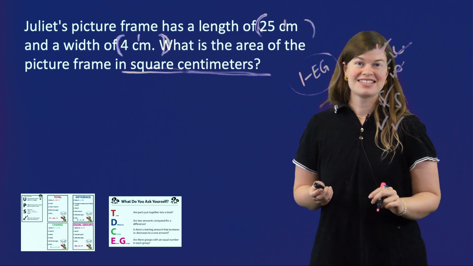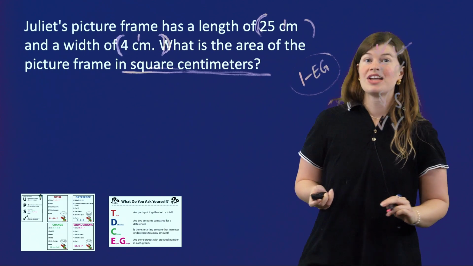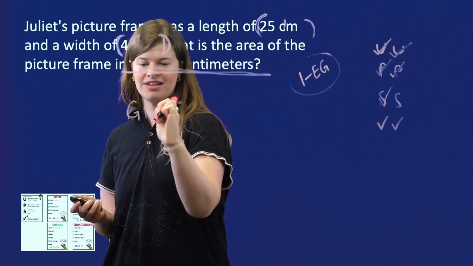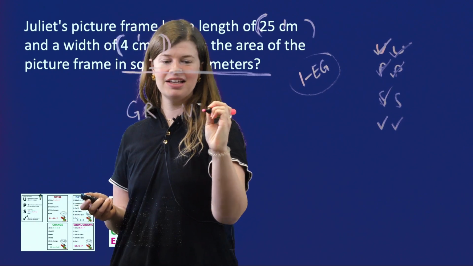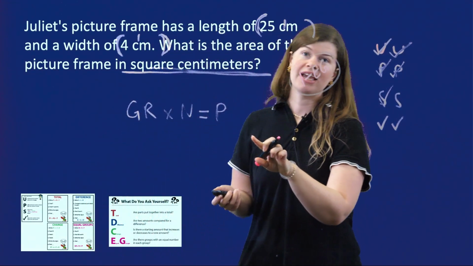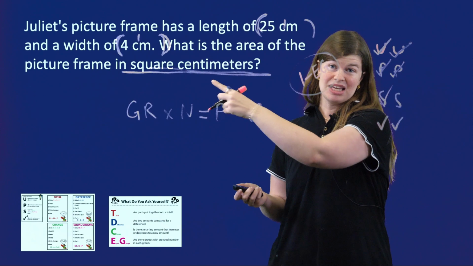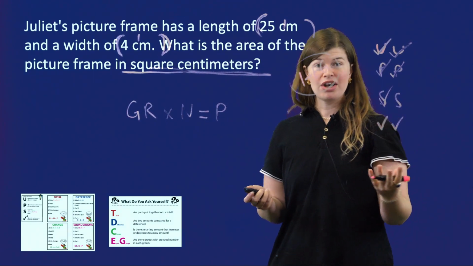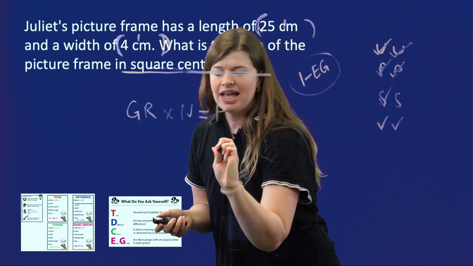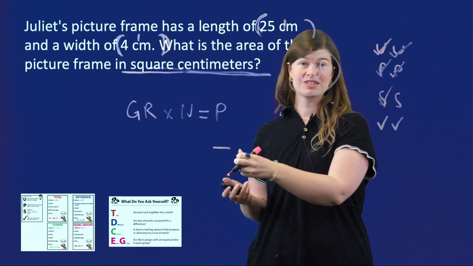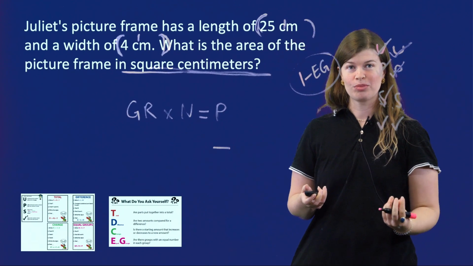And my second S stands for setup and solve. So I'm going to use my equation, GR times N equals P. Now here my product would be the area, but it's asking me what the product is in our question sentence. So we don't know it. I can put a blank underneath it. Now I'm looking for my groups and my number in each group.